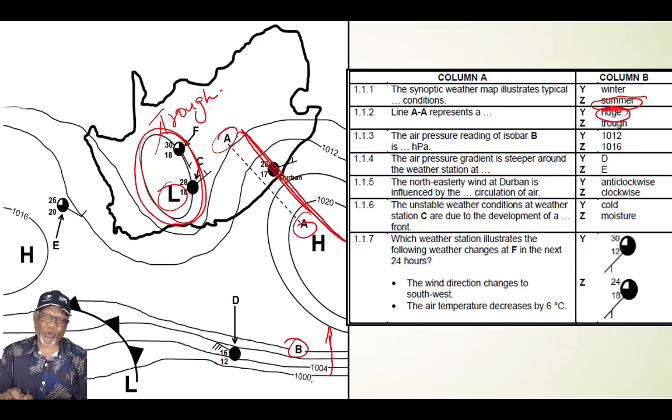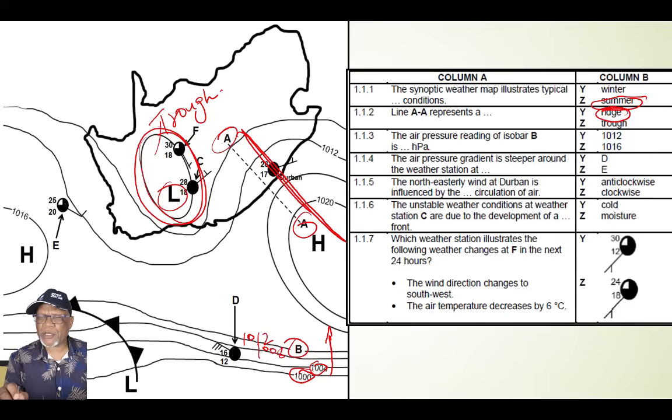What is the difference from one isobar to another? So our isobaric interval here is 4. So here we have 1000, here we have 1004. So the next one will be 1008, and this one will be 1012, because we are looking at the isobaric interval of 4 millibars or 4 hectopascals.